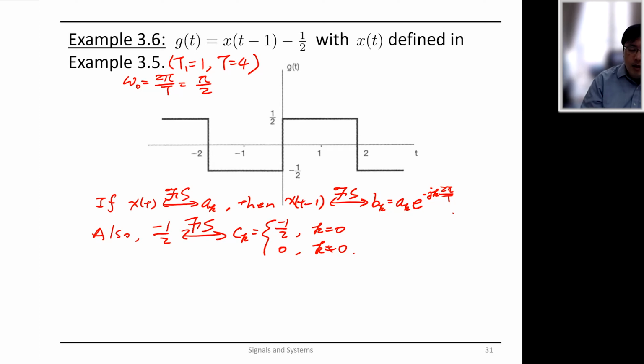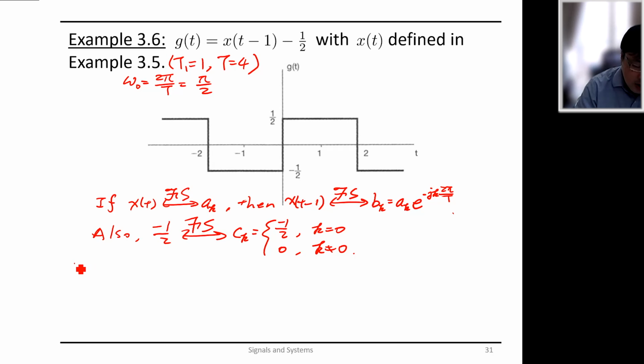Then by the linearity property, the Fourier series coefficient of g of t will be equal to the Fourier series coefficient of x of t minus 1 plus that of the constant term.